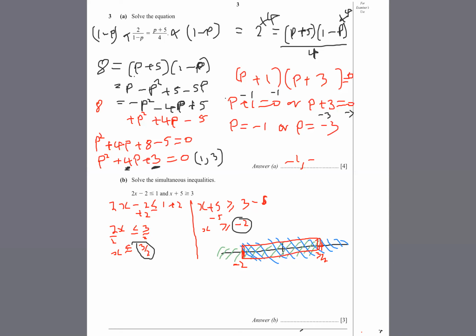It means x should be greater than minus 2, and should not exceed 3 over 2. So our solution says x should be between minus 2 and 3 over 2. That's where our solution is. Thank you.